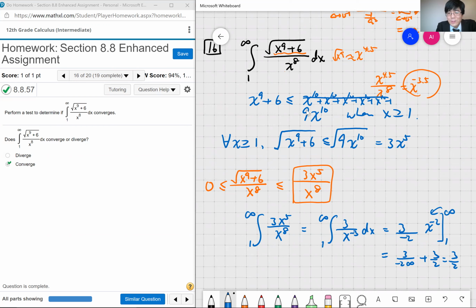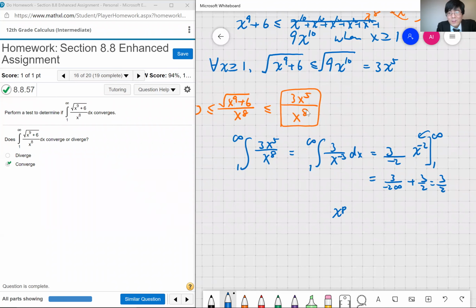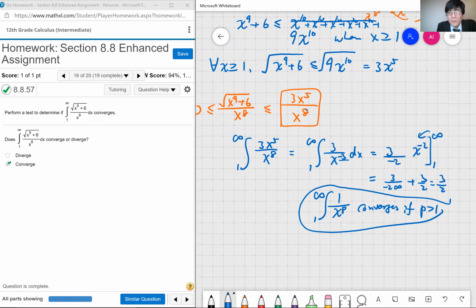So it is converging. Well, if you remember what we have covered in the class, 1 over x to the p from 1 to infinity converges if p is greater than 1. So this is a case that p equals 3.